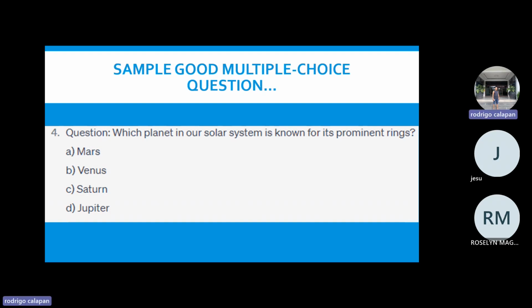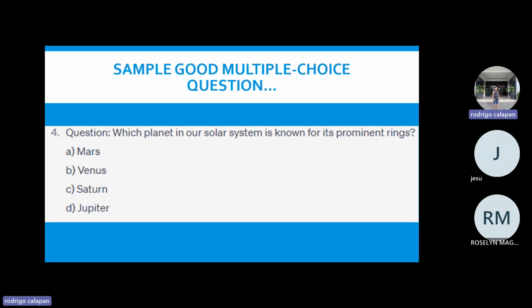Another example. Which planet in the solar system is known for its prominent rings? A, Mars; B, Venus; C, Saturn; D, Jupiter. These questions test students' knowledge of the planets in our solar system and their distinctive features.